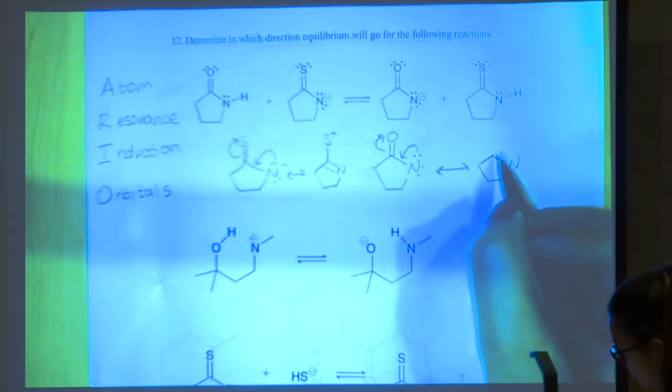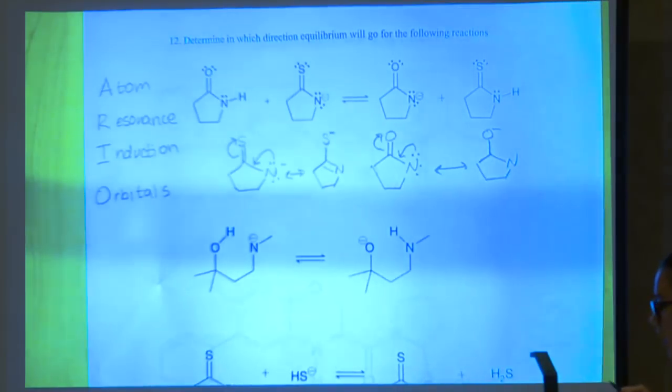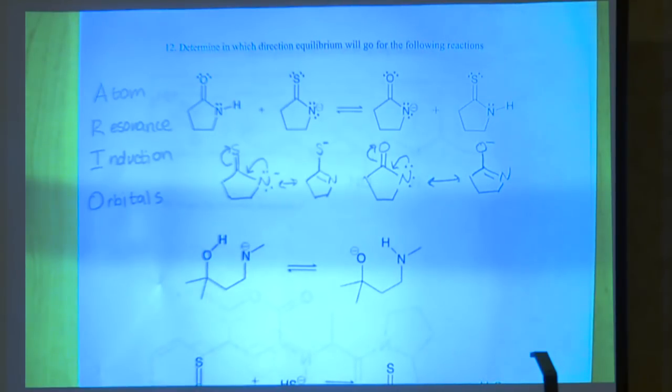And this one has this resonance structure. Now what can we look at here? Now what has a negative charge? Good. So our sulfur and our oxygen, which one is going to stabilize that negative better?